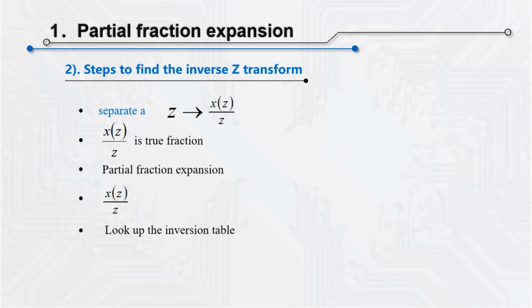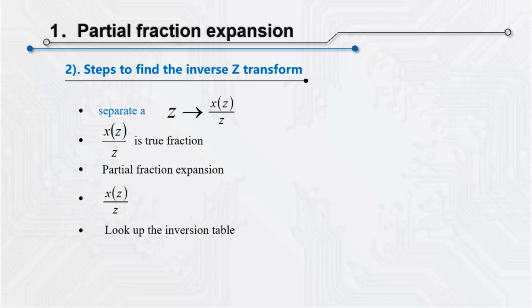The method of partial fraction expansion is as we introduced earlier for the inverse Laplace transform. Then after solving the corresponding expansion coefficients, we multiply both sides of this expansion by z, so that the left side of the equation is X of z.